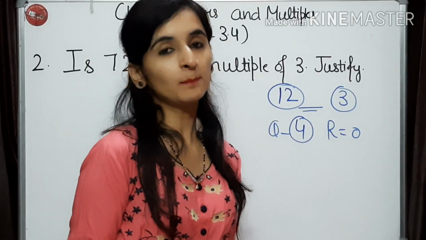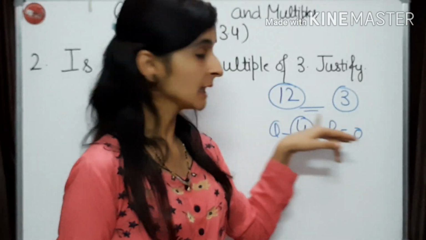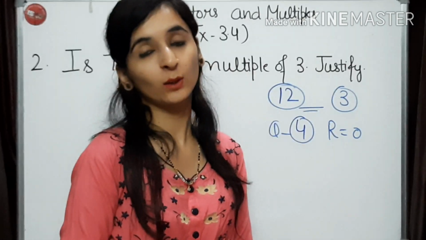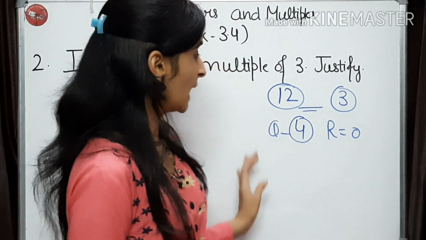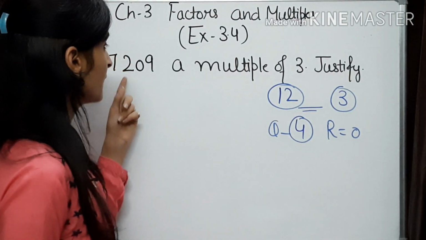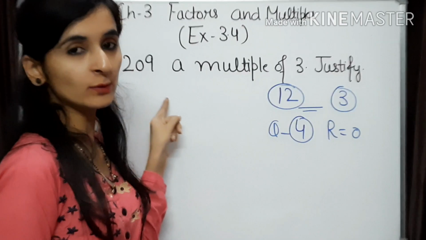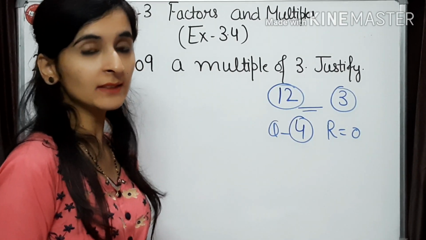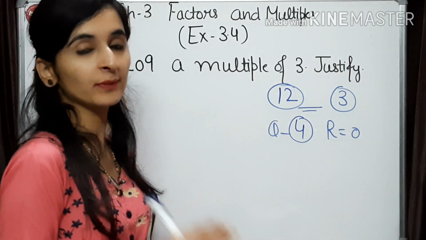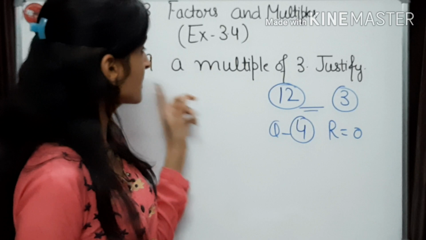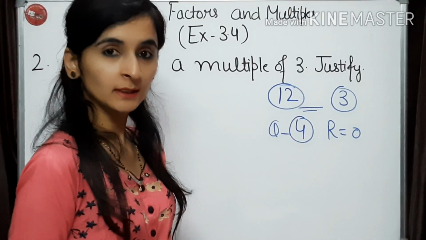So if it is completely divisible by 3, then it is a multiple of 3. It means 12 is a multiple of 3. Likewise here also, we have to divide this 7,209 by 3. If it is completely divisible by 3, it means if it is leaving the remainder 0, then this is a multiple of 3.